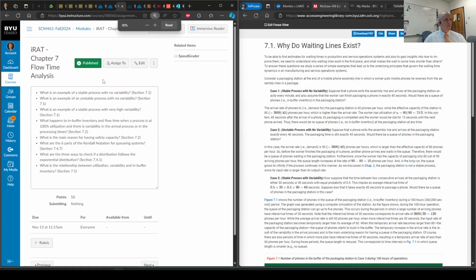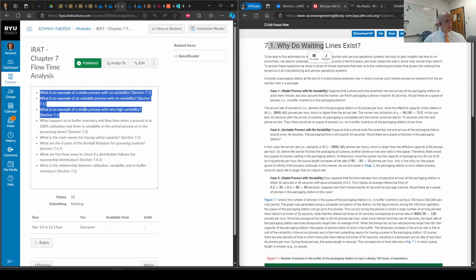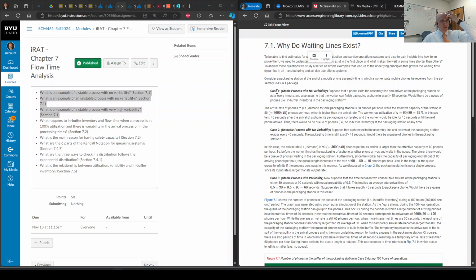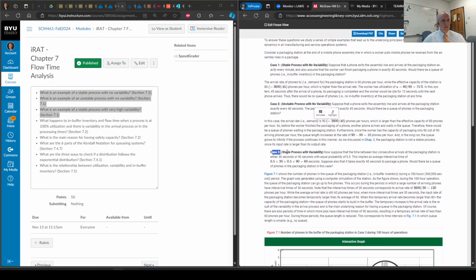So if we look at this for a second and come over here to section 7.1, the first section of the chapter gives examples of stable and unstable processes with and without variability. If you look at each one of these cases and try to understand what the difference is between these cases in terms of stability of the process and variability, then you should be prepared for these questions.